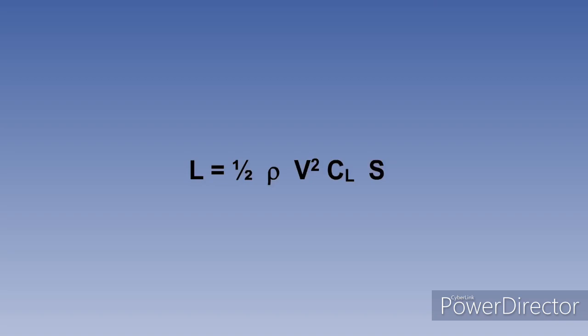Taking density, rho, and wing area, S, to be constant for this example, consider what would happen if thrust is reduced. The speed, v, would reduce because of drag. And from the formula, you can see that lift would decrease.